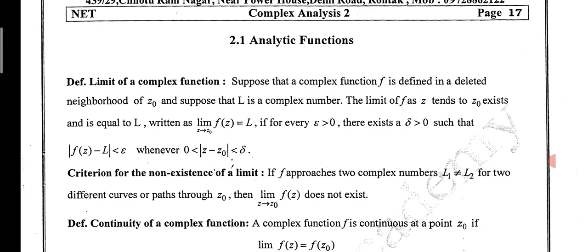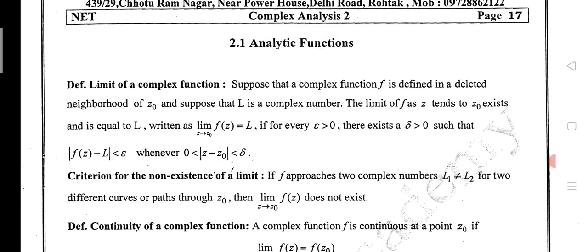The limit of f as z tends to z0 exists and is equal to L, written as limit z tends to z0 f of z equal to L, if for every epsilon greater than 0, there exists a delta greater than 0 such that mod f(z) minus L is less than epsilon, whenever 0 is less than mod z minus z0 is less than delta. This is called the limit of a complex function.